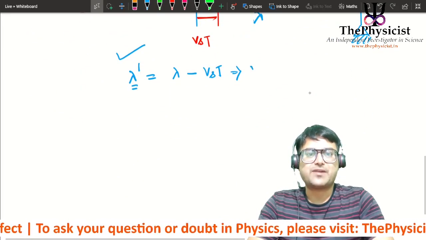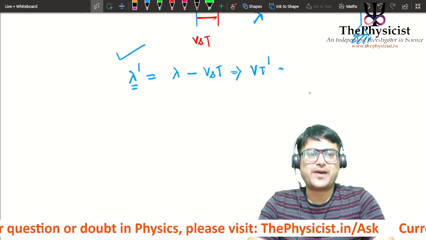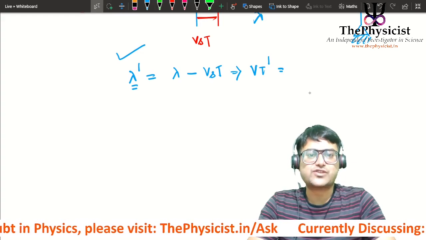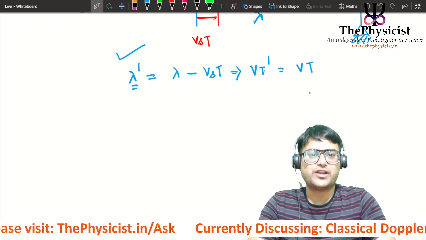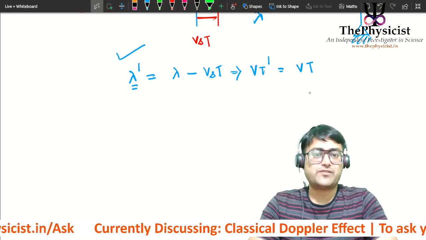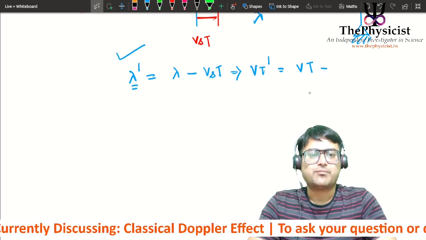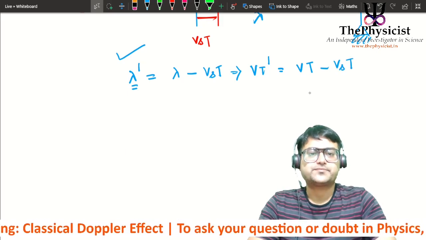The apparent time period will be the actual lambda, which is v into T, because the speed of the wave is not changing, minus vs into T.